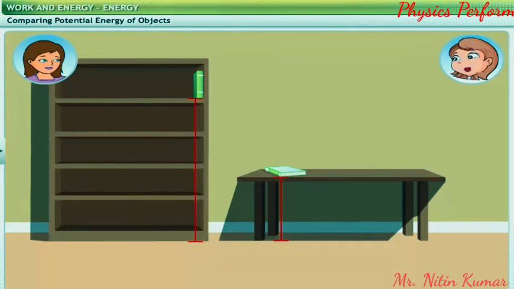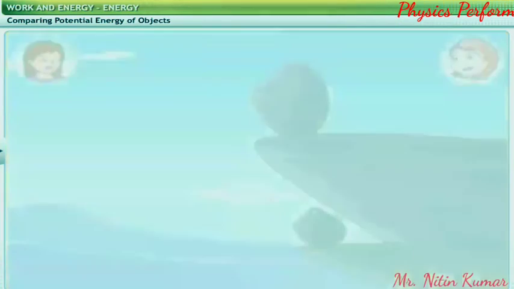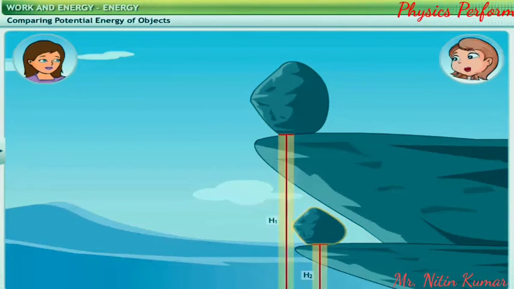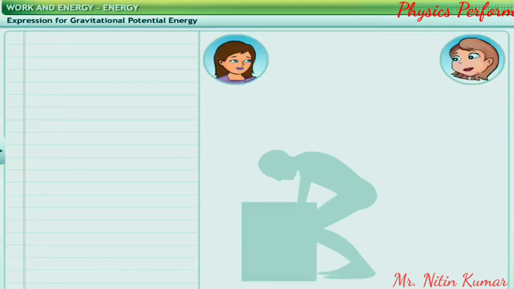The higher the object is raised, the more is the gravitational potential energy stored in it. That's why a rock resting on the edge of a cliff high above the ground possesses high gravitational potential energy in comparison to the other objects which are relatively at a lower height than the cliff.